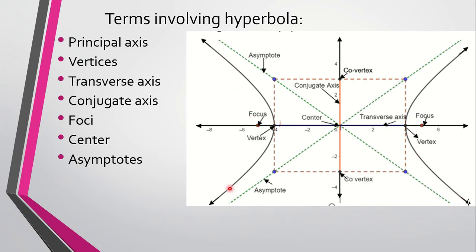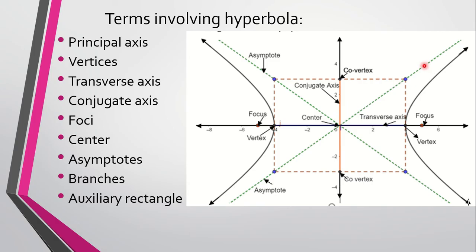So, ito yung magiging guide natin sa pag-drawing natin. Branches. So, ito yung branches. Isa, dalawa. Yung two curves.